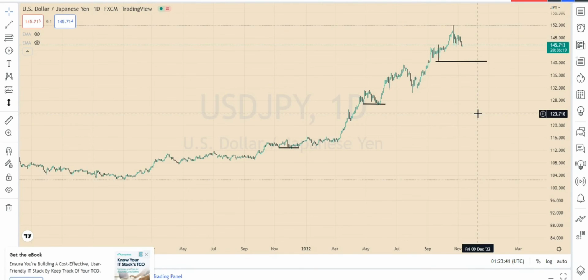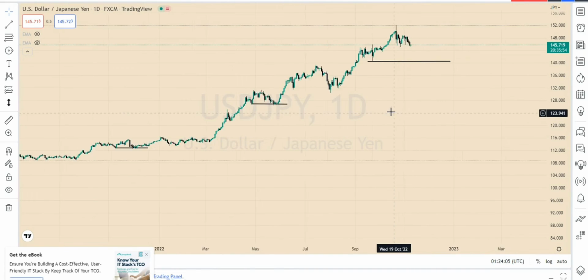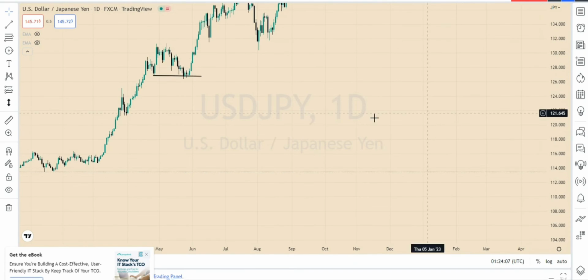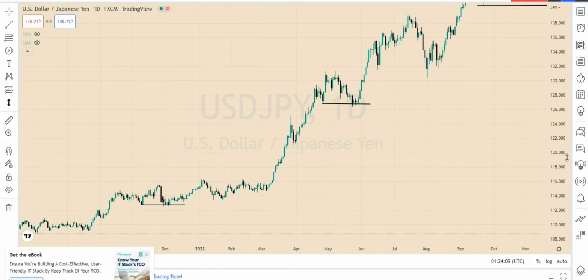This is our USD JPY chart, and we'll be using this one to demonstrate how you can apply the M pattern in a bullish market condition, because you can see the USD JPY pair is currently in a long-term bullish market. We will go into the chart hunting for M patterns and how we can trade them. So let's zoom out the chart and see some of the M patterns that we have.